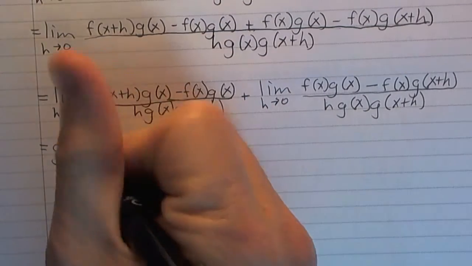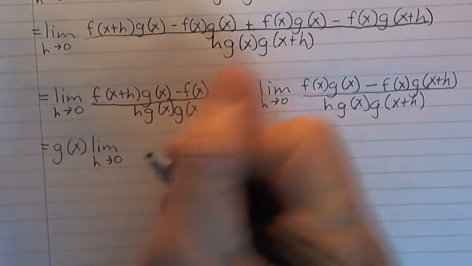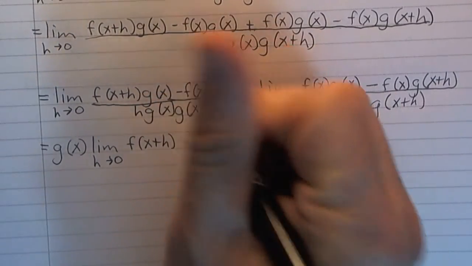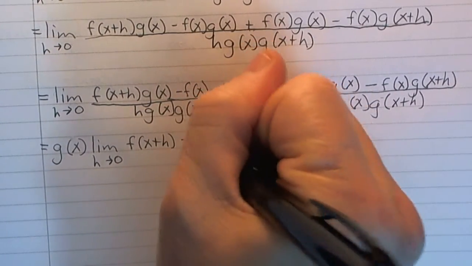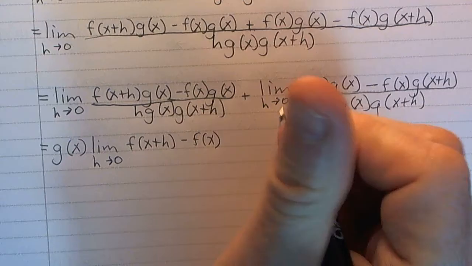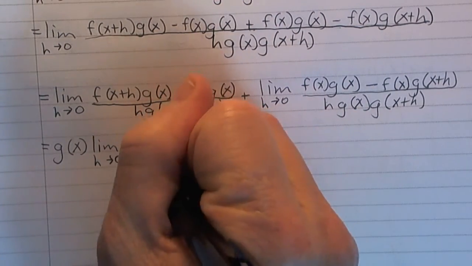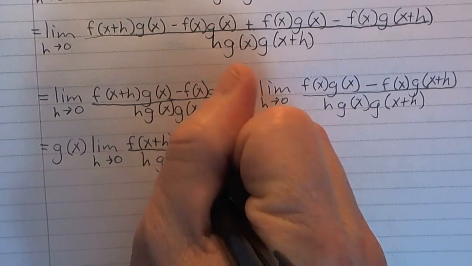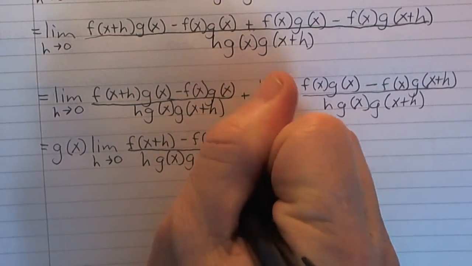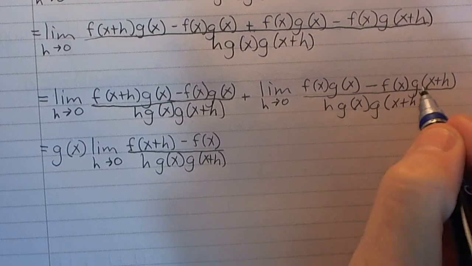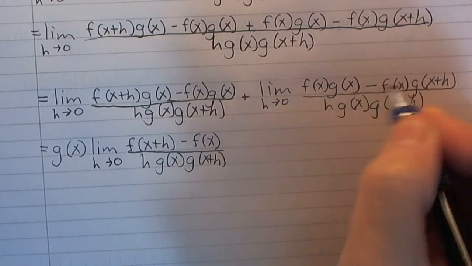I'm going to write the limit as h goes to 0 of f of x plus h minus f of x, all over h times g of x plus h. Now, over here, I'm going to factor out an f of x.